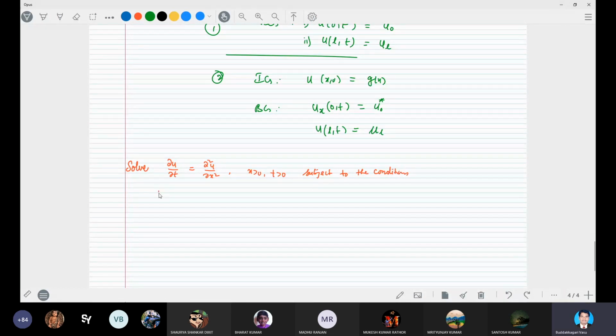Number 1, u is equal to 0 when x is equal to 0, t greater than 0.